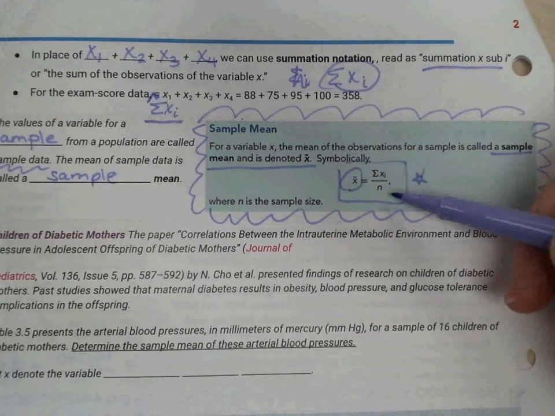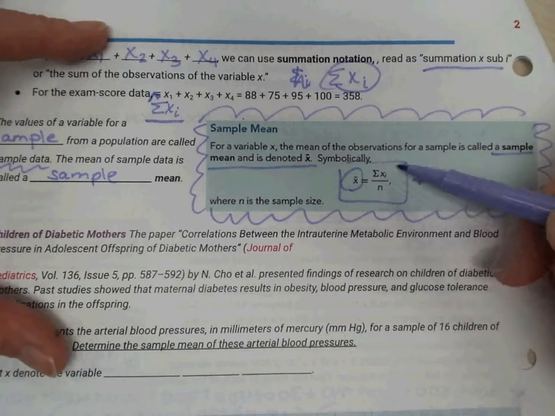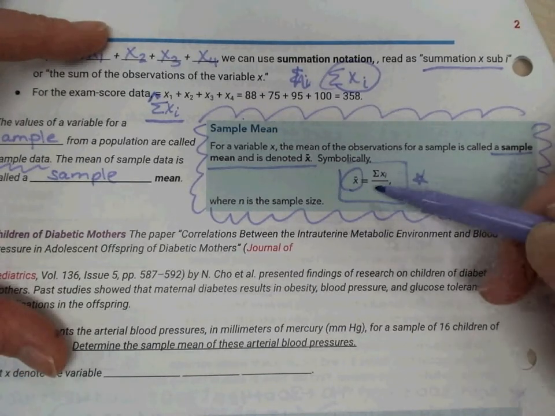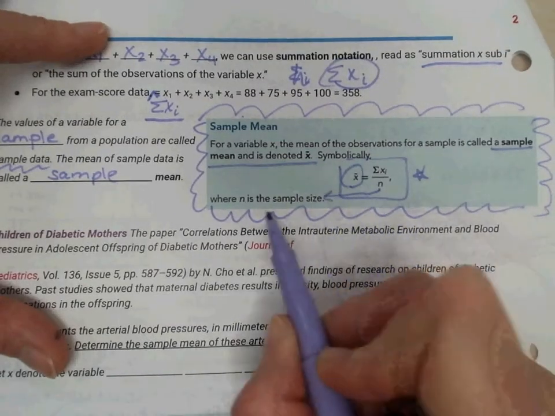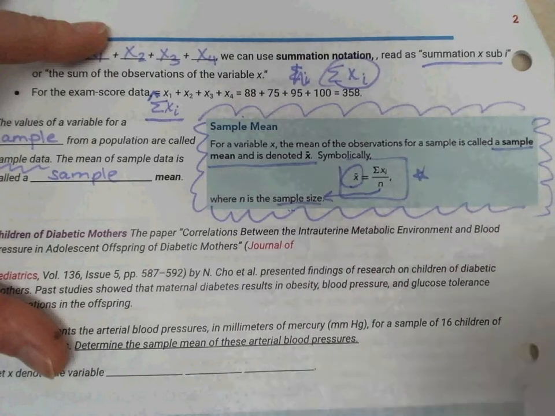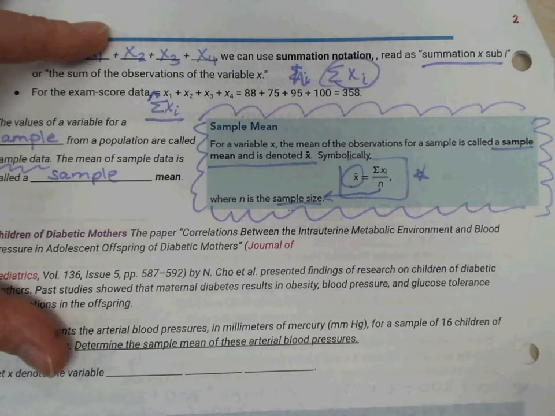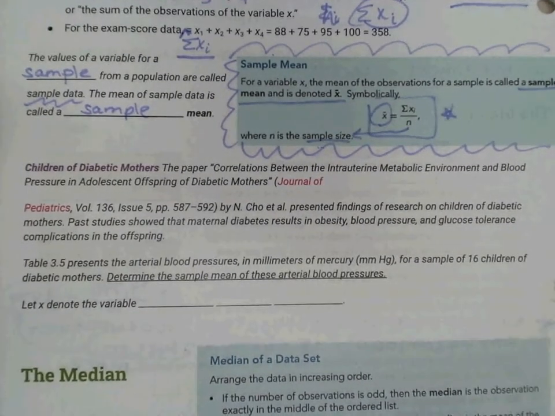And then you have the definition, all of those words replaced with symbols: the sum of all the x values, of all the observations, divided by n. What is n? n is the sample size. So however many there are, right? It's a great way to abbreviate. We just have to get used to some new notation.